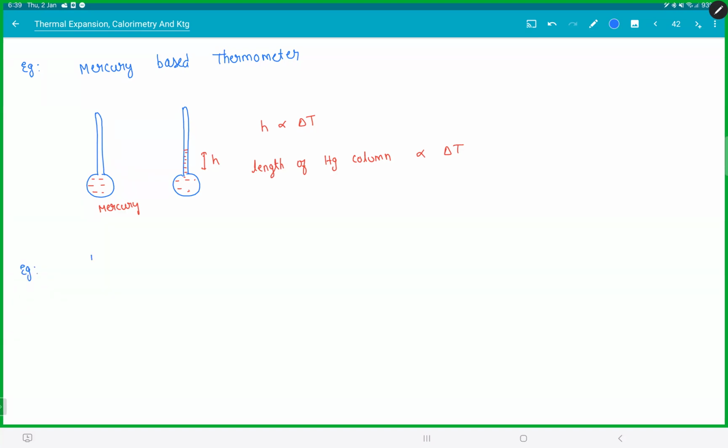We also have something called radiation-based thermometers. These work based on the wavelength of the photons emitted. These are useful to measure very high temperatures, like 1000 degrees plus. Think about it. In a steel factory, when you want to measure the temperature, you can't use any regular thermometer, it will melt.